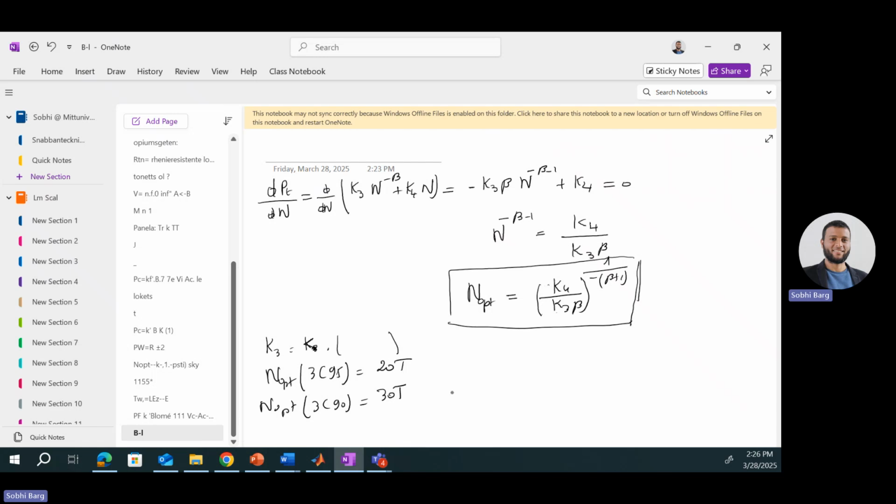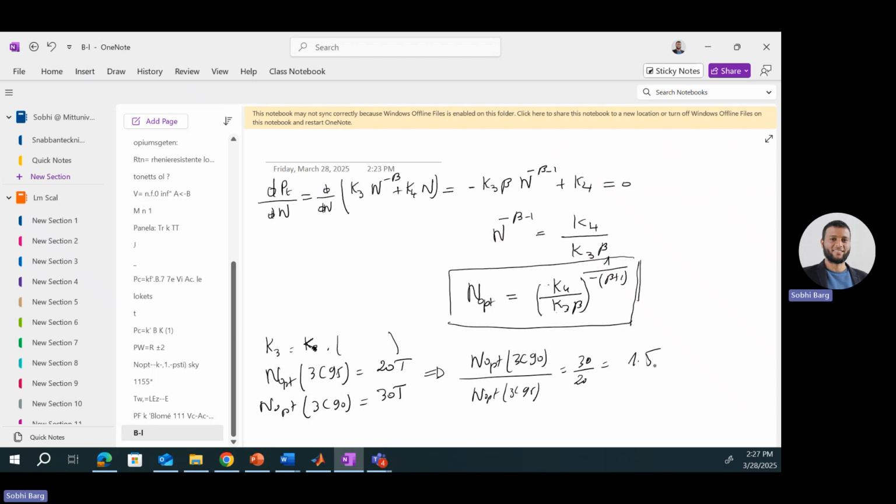So we can verify this. We can calculate the ratio, N opt of 3C90 divided by N opt of 3C95, is equal to 30 divided by 20. It's equal to 1.5. So the number of turns is 1.5 times higher for 3C90 than that found for 3C95.